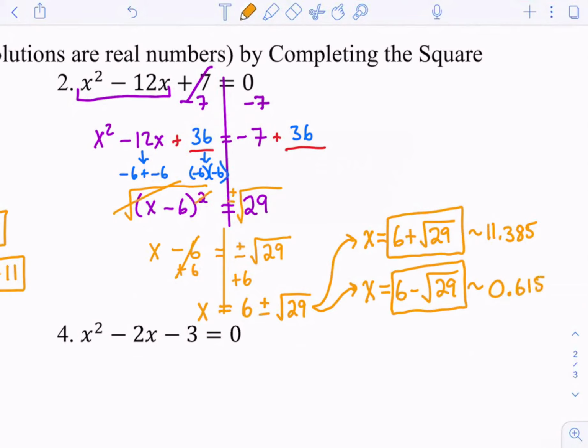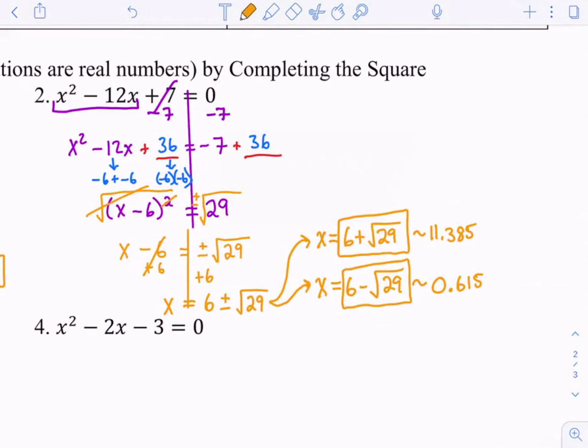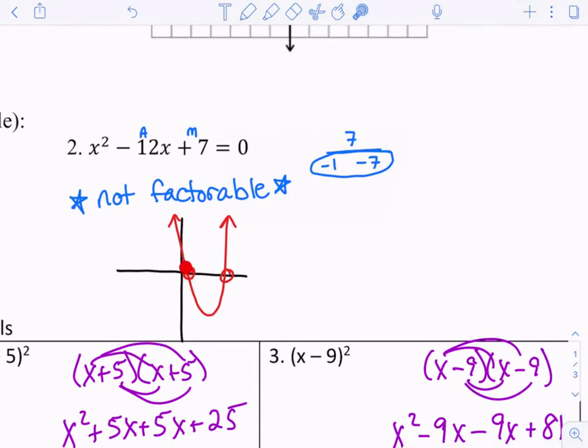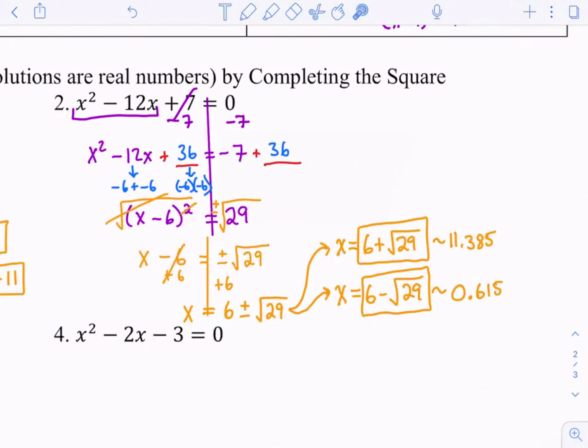So if you pay attention, because these are both irrational numbers, it's about 0.6 and 11.4. Now, if you look back at my sketch, that kind of makes sense because in the graph, there was one really close and there was one a lot further away, but they were irrational numbers. So that's why even though it wasn't factorable, it still had roots.